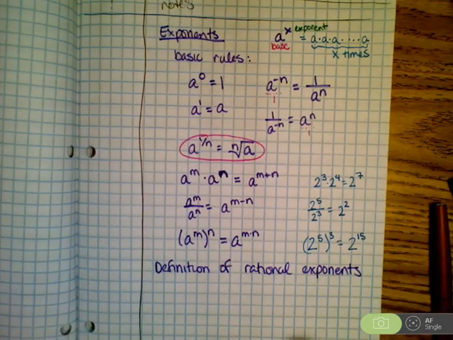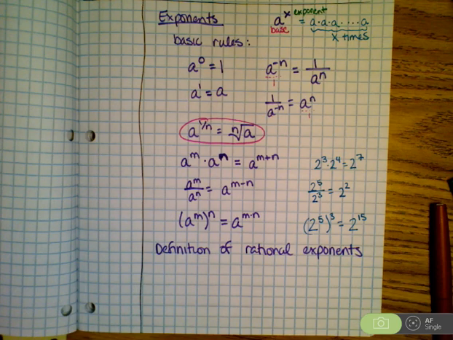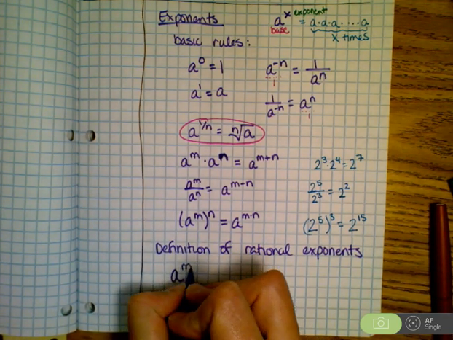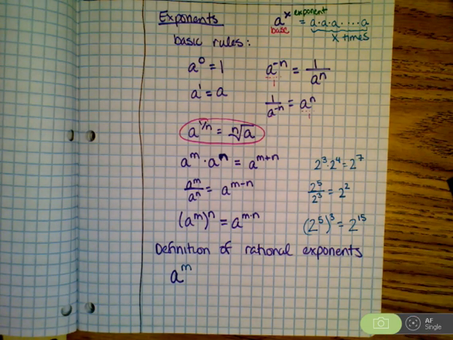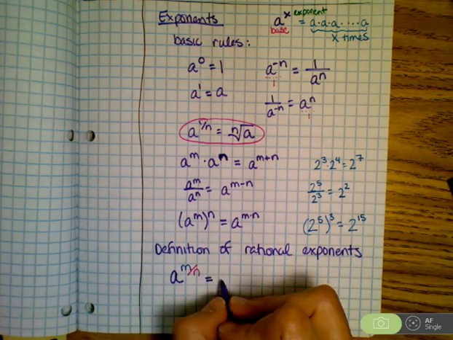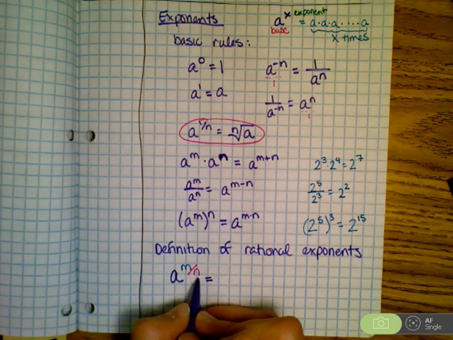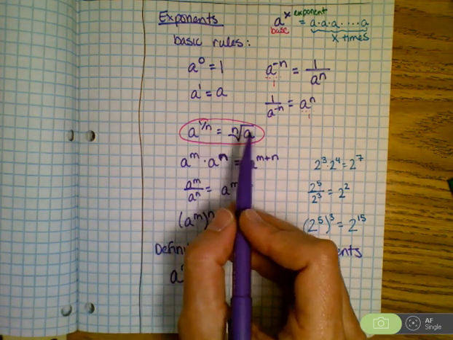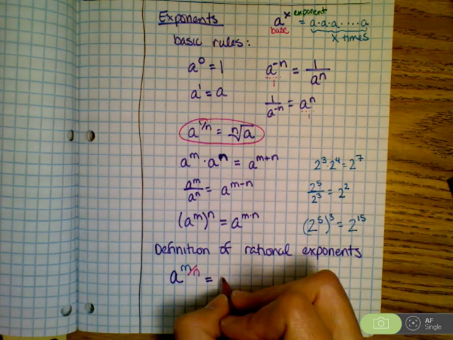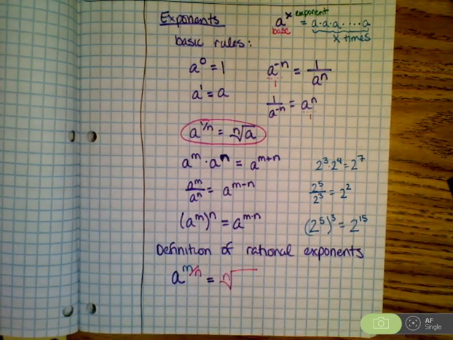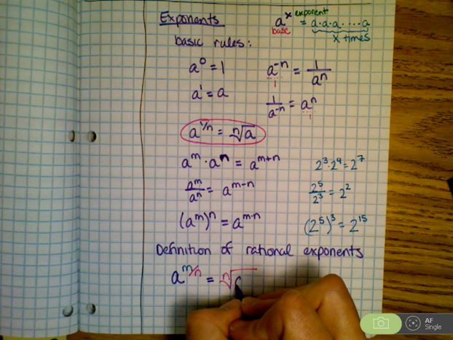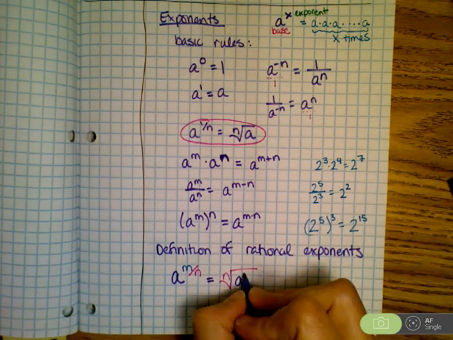So when we're thinking rational, again, we think fraction. And the way that we do that is we say a to the power of m over n is equal to, gotta be careful with my colors now, the n, remember the n was on the bottom, it becomes a root, so the nth root of a to the power of m.